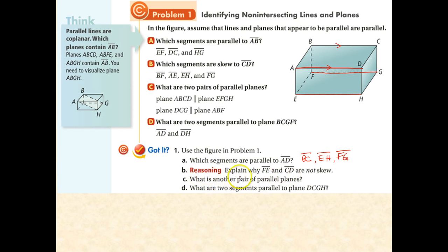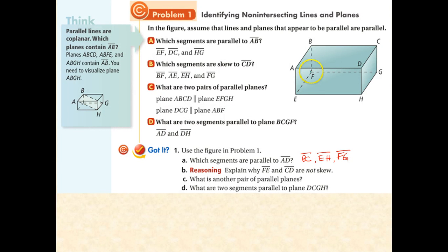Let's see, B, explain why segment FE and segment CD are not skew. Well, the reason is because they are coplanar.